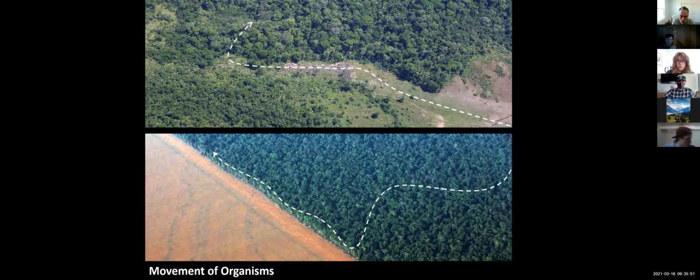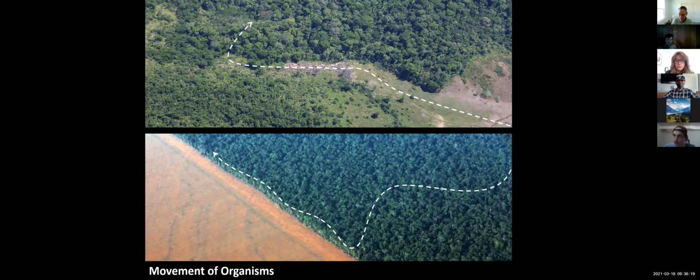So we talked earlier about how having a more curvilinear edge that's got a wider boundary is going to promote movement across the landscape and across that edge, whereas a sharper boundary that has a greater distinction between the two habitat types is going to inhibit movement, right?